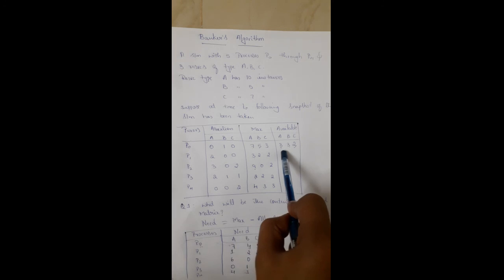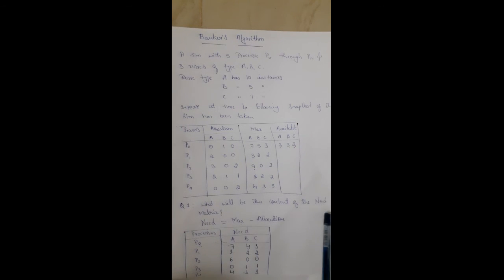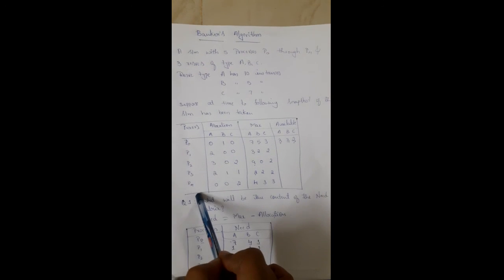Now the question is, with this data, what will be the content of the need matrix? The need matrix is another data structure with respect to Banker's algorithm. So now our duty is to find out the need matrix for each process.